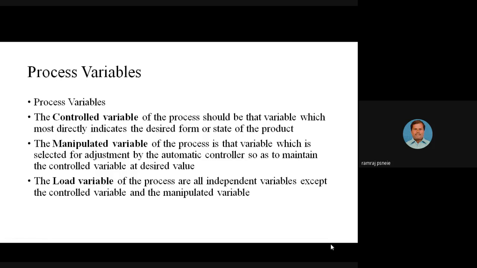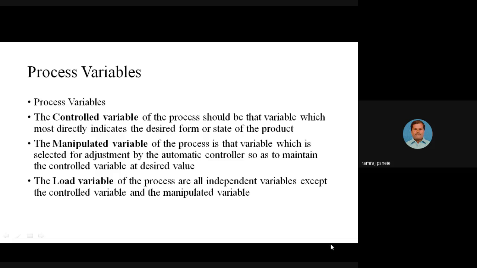The second one is the manipulative variable of the process, which is the variable selected for adjustment by the automatic controller so as to maintain the controlled variable at a desired value. We need to maintain the output product at a specified value. For that, which variable are we selecting? That variable is your manipulative variable. The variable which is disturbing the process is your load variable.